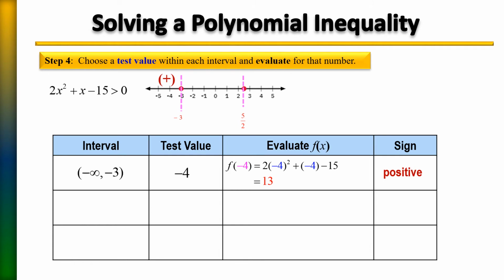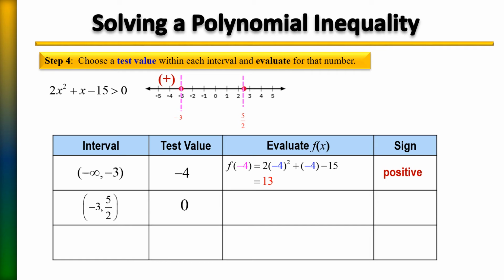Next, we want to take a look at the next interval, which is from -3 to 5/2. Within that interval, we can test 0 because 0 is one of the easiest points to plug in, because once it zeroes everything out, you can clearly see right away what you're left with.